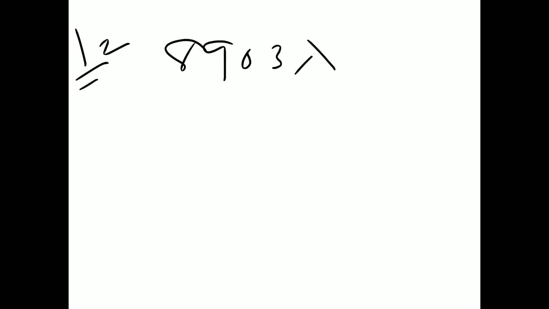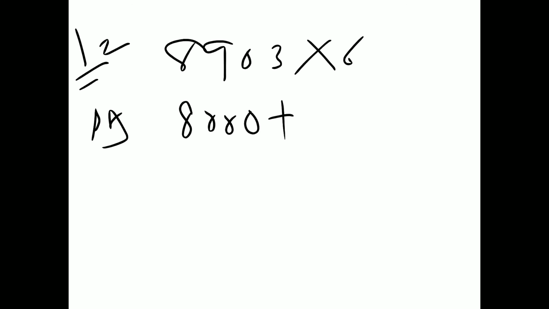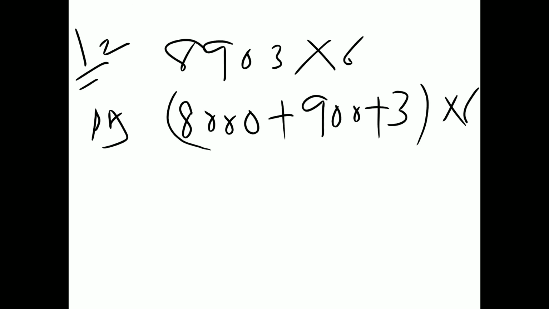Now we do the 12th part. 8903 into 6. Expand 8000 plus 900 plus 3. Multiply by 6.